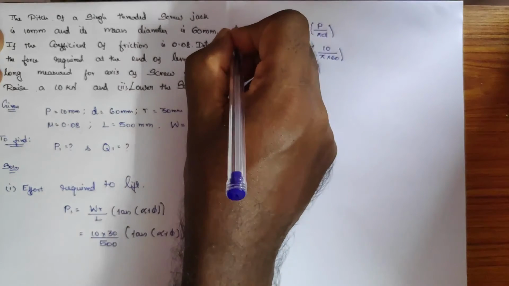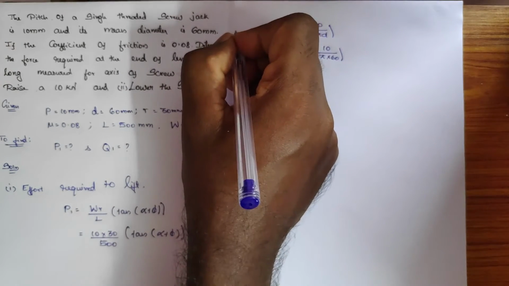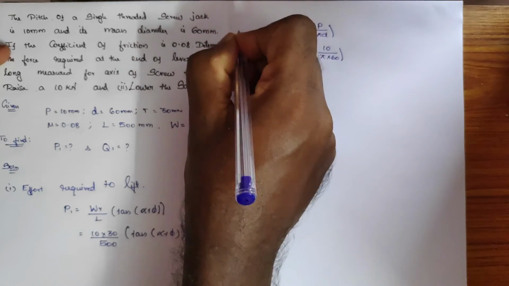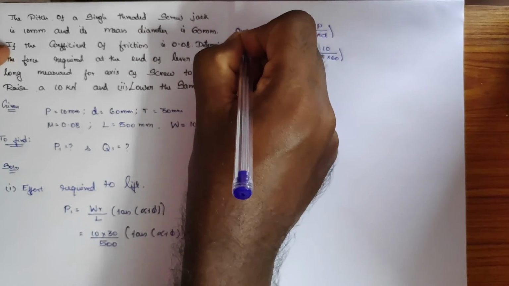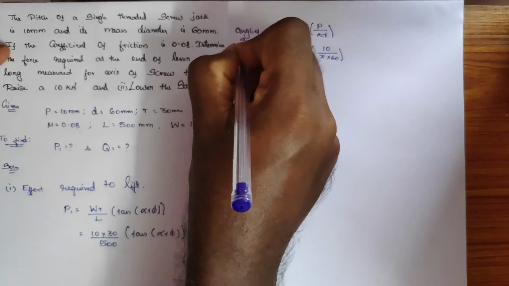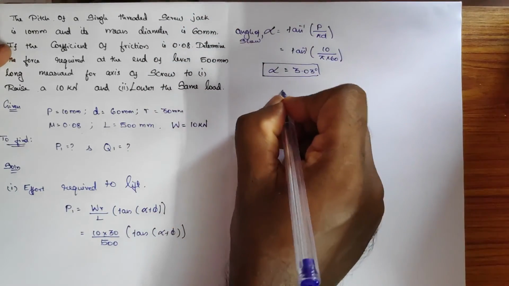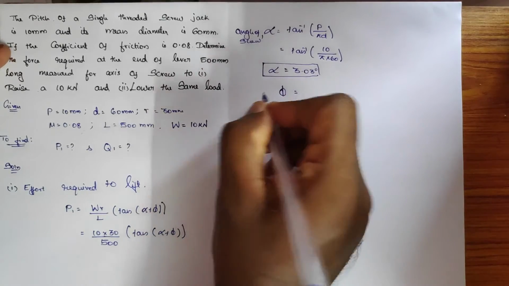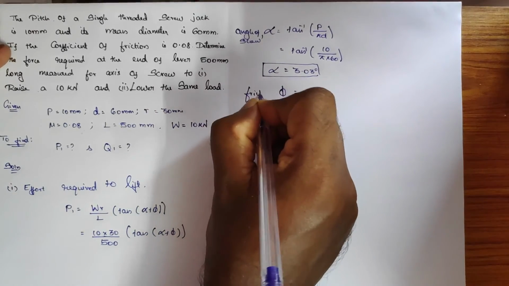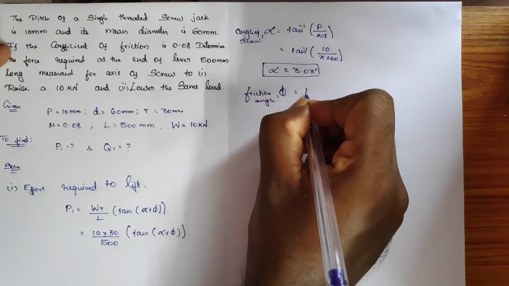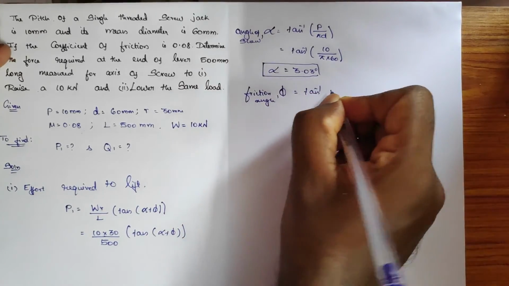It's a screw angle or helix angle. Then phi needs to be found. Phi is nothing but the friction angle, which is tan inverse of mu.